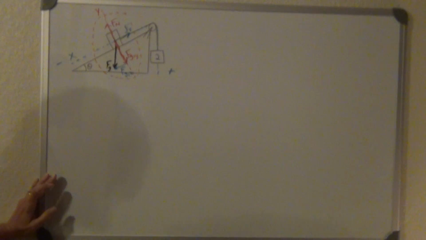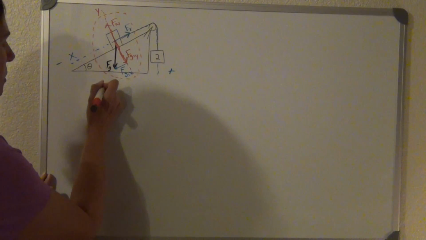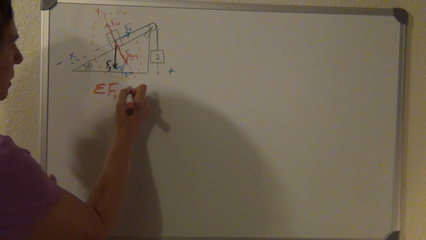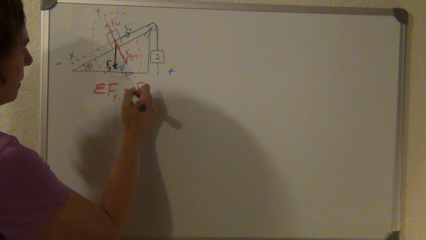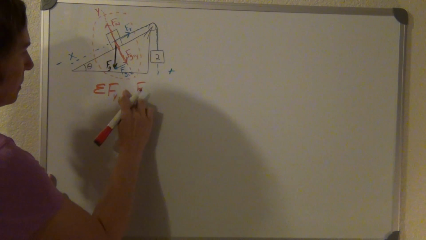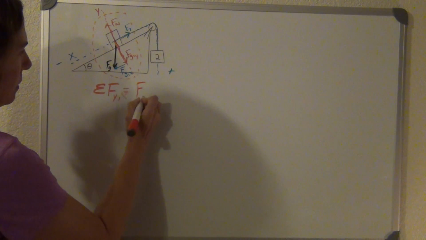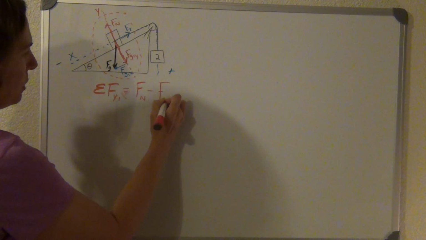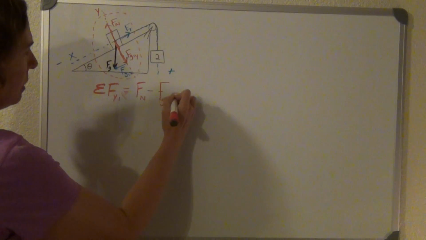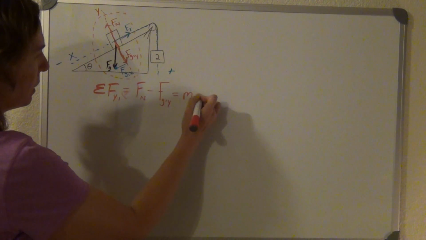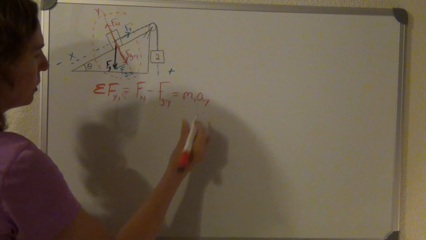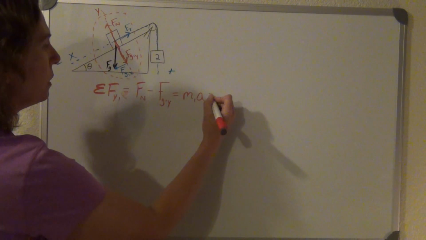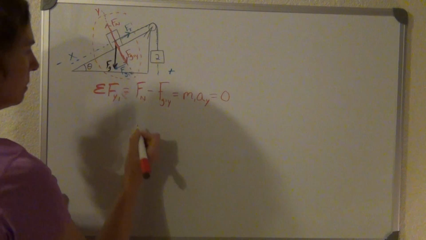So if we're to sum forces for mass 1, we'll start with the y direction. Sum of forces in the y direction for mass 1, we get Fn minus Fg1y equals mass 1 times acceleration in the y direction, and it's not going to float off the plane or sink down through it, so that's equal to 0.